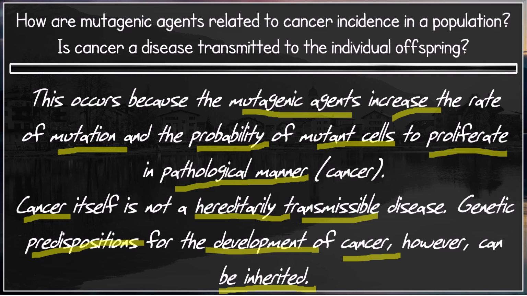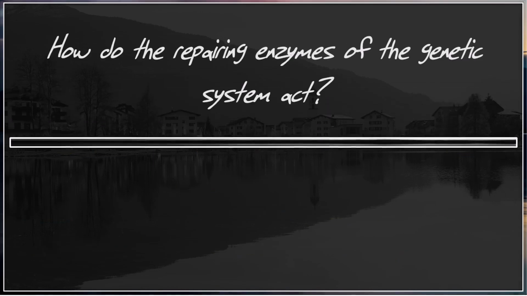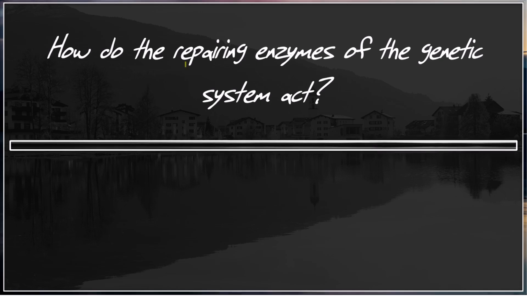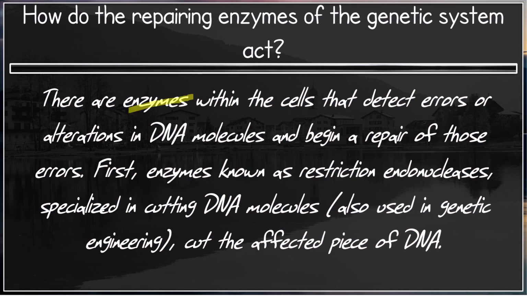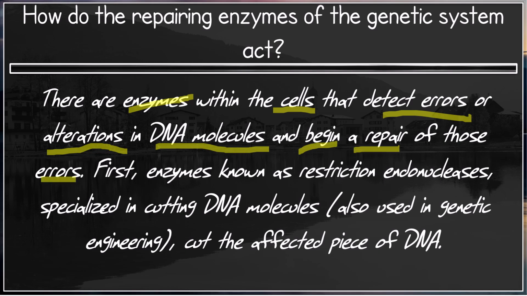How do the repairing enzymes of the genetic system act? There are enzymes within the cell that detect errors and alterations in the DNA molecule and begin a repair of these errors.